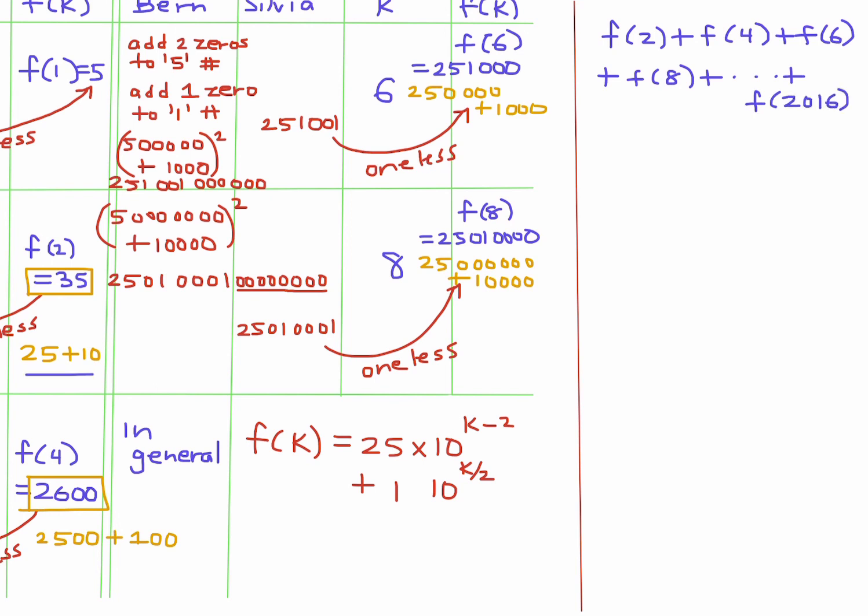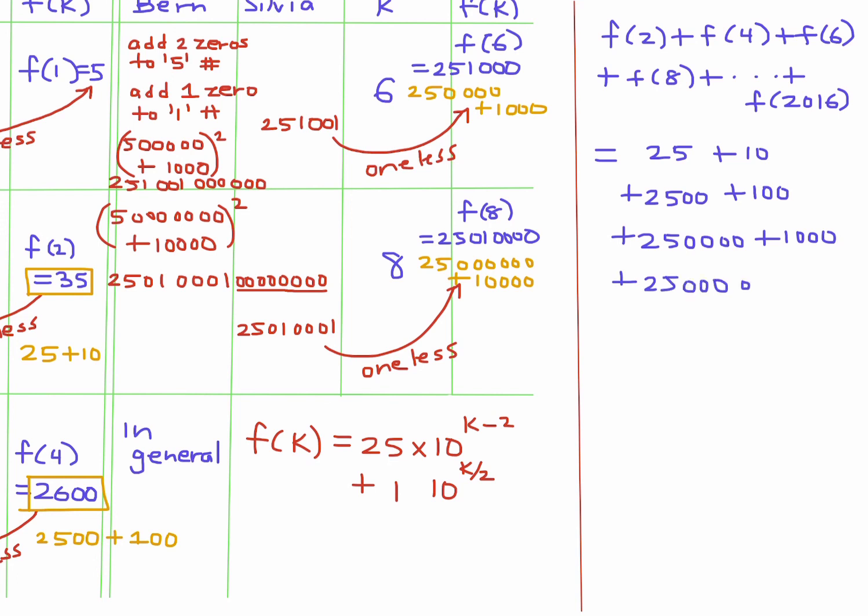Well, breaking it up into these formats helps us add them very nicely, and I'll explain by stacking them one on top of the other. F at 2 is 25 plus 10, right? The next one, F at 4, was 2500 plus 100. The next one, F at 6, was 250000 plus 1000. And then F at 8 was 25000000 plus 10,000.